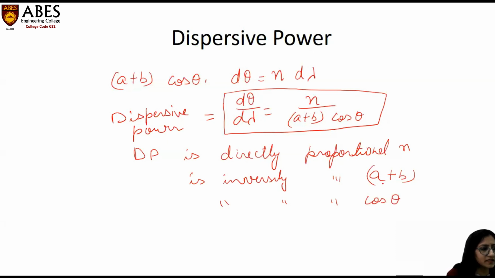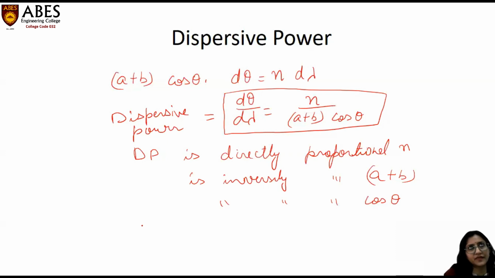So what we infer is that if we have a small angle of diffraction, then the value of cos theta will be large, and as it is inversely proportional, the dispersive power will be very high. So the lower the diffraction angle, the higher the dispersive power.